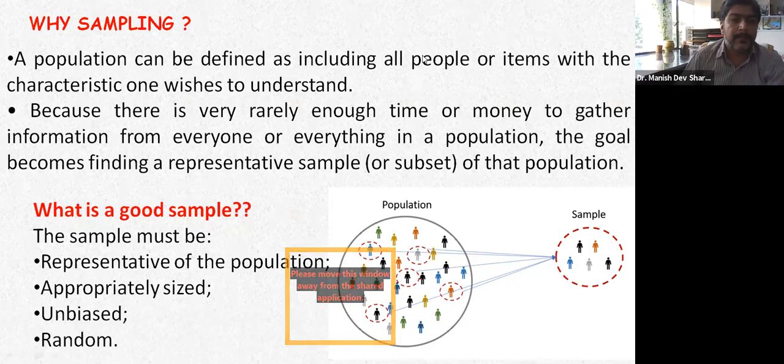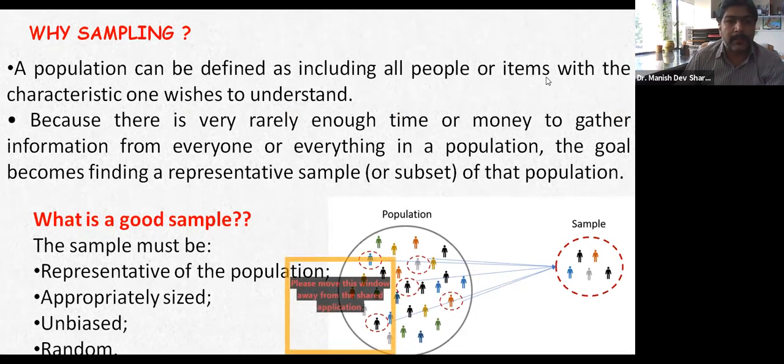So sampling is important because without sampling, you are not able to define what we are finding. A population can be defined as including all people or items with the characteristics one wishes to understand. Basically, we are finding the behavior of a particular group.